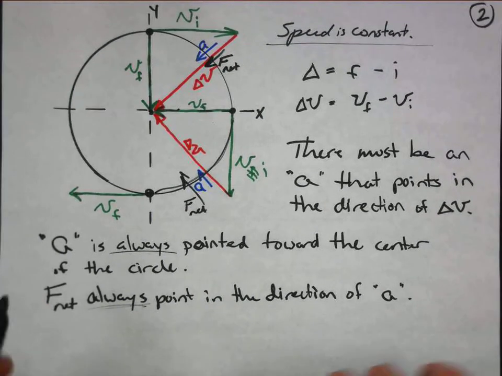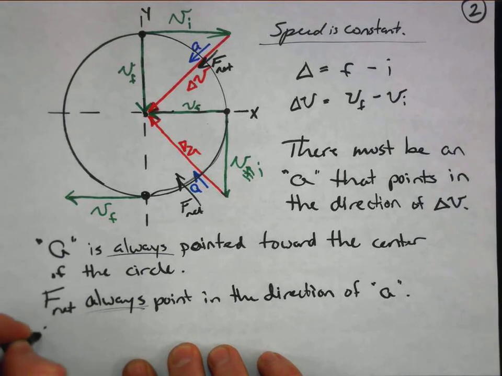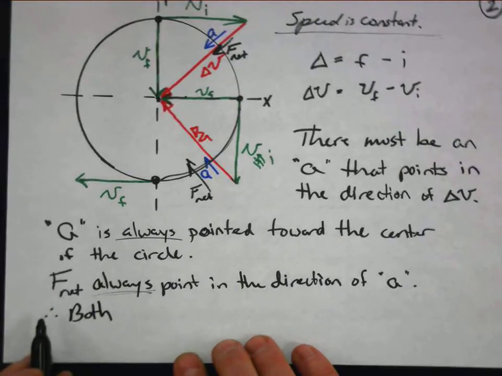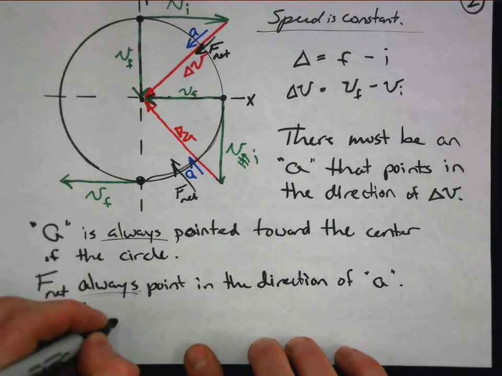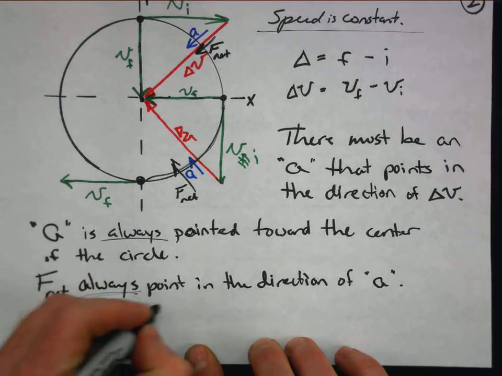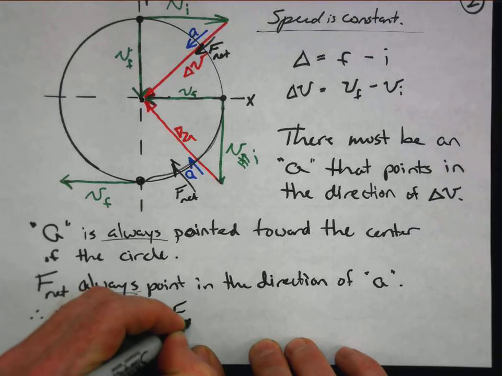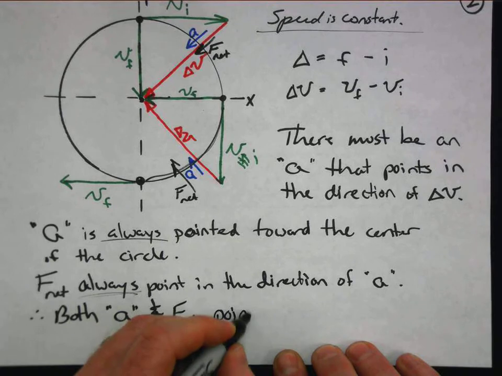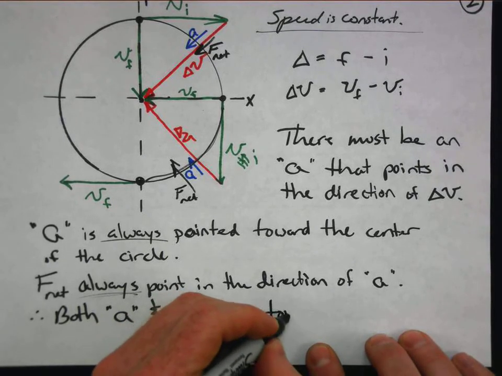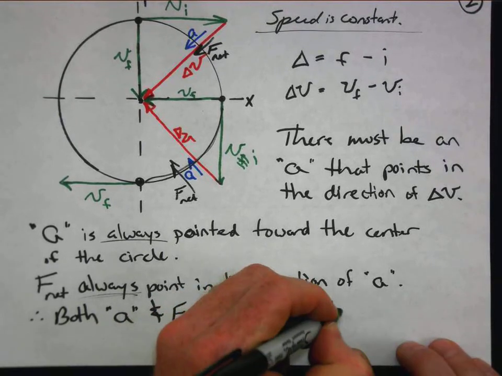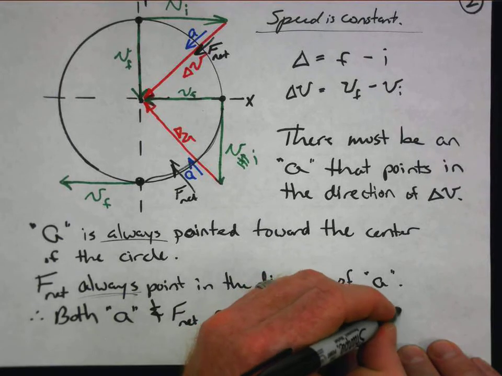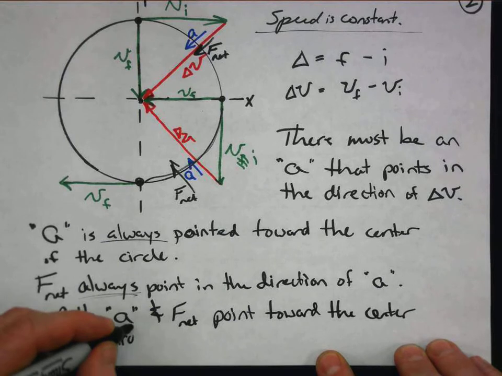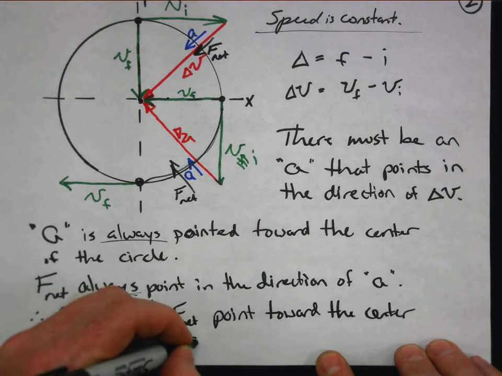So, therefore, the three dots, if you haven't seen those before, that means therefore. Therefore, both acceleration and net force point toward the center of the circle at all times.